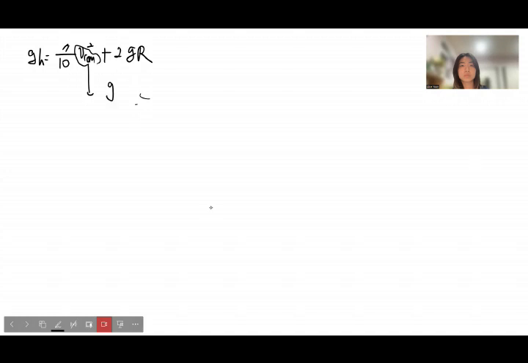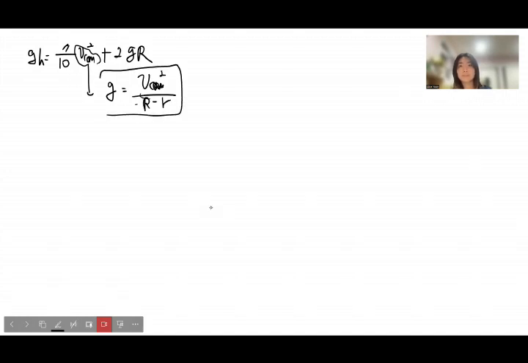So that gh equals 7 over 10 v center of mass squared plus 2gR. Now you have to replace this with the condition a_r equals v center of mass squared over R minus r.